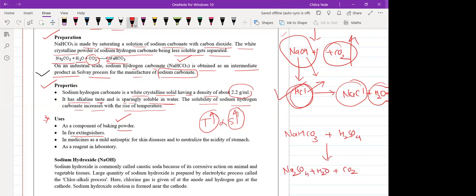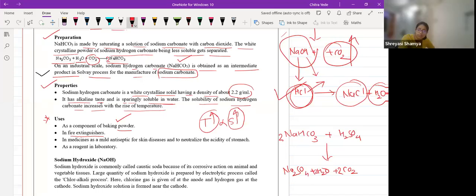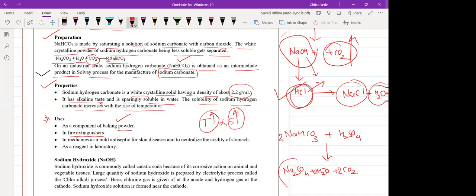In order to balance the reaction, we have to multiply sodium hydrogen carbonate by 2, and write twice H2O. Now the reaction is balanced. So they form sodium sulfate, water, and carbon dioxide. And that carbon dioxide, produced in a very large amount, is used to extinguish the fire. So these are the materials present in a fire extinguisher.